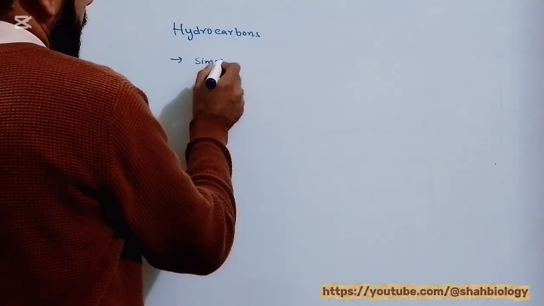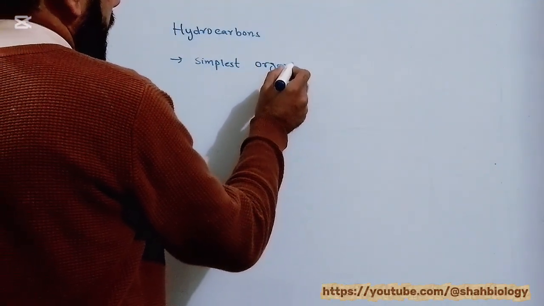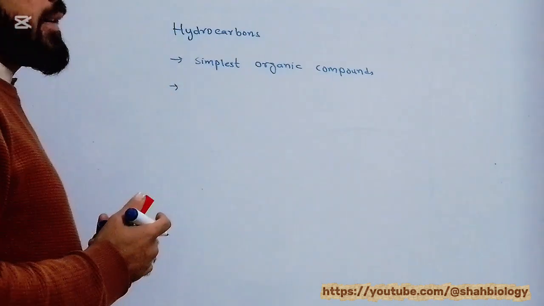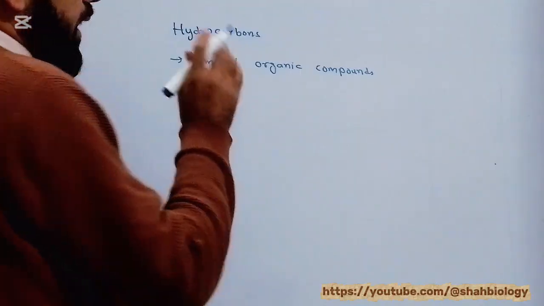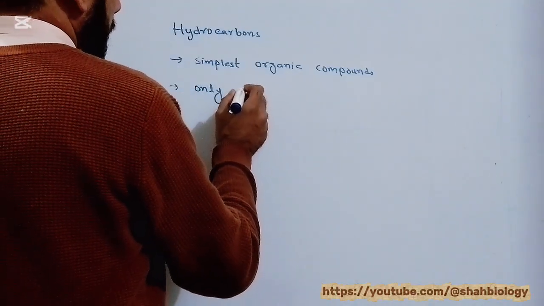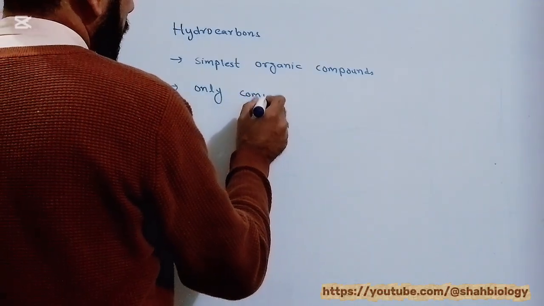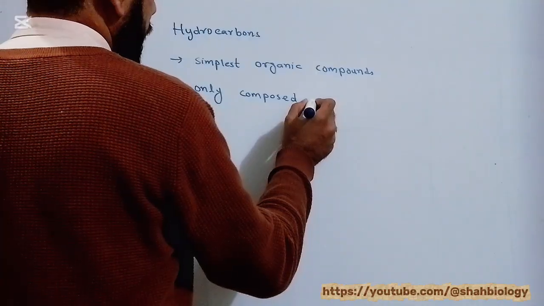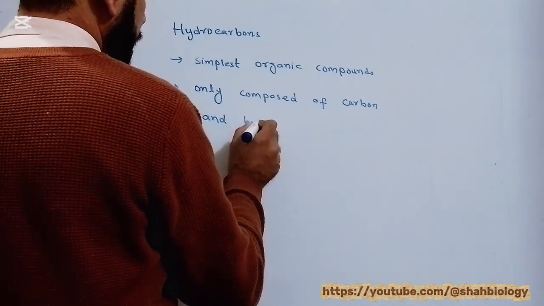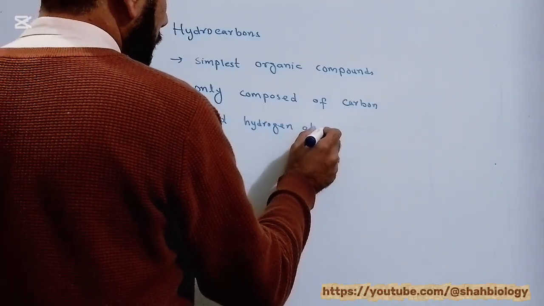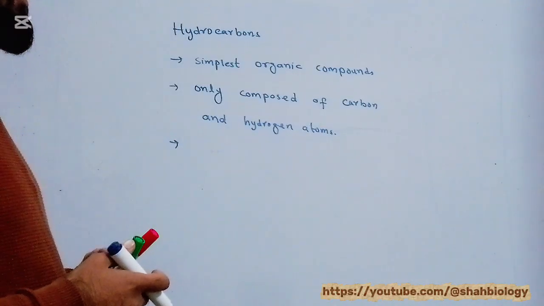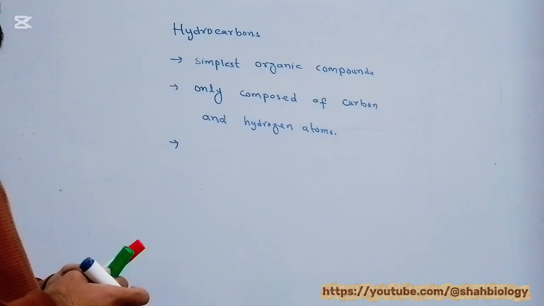The simplest organic compounds are hydrocarbons. They are composed entirely of carbon and hydrogen atoms, and are widely used as fuels in our cars and various automobile industries.